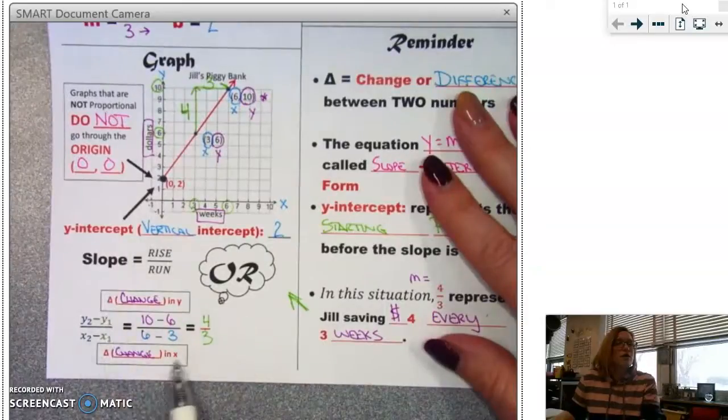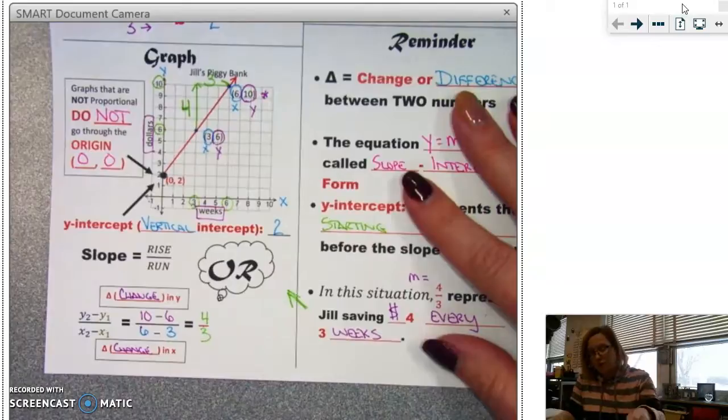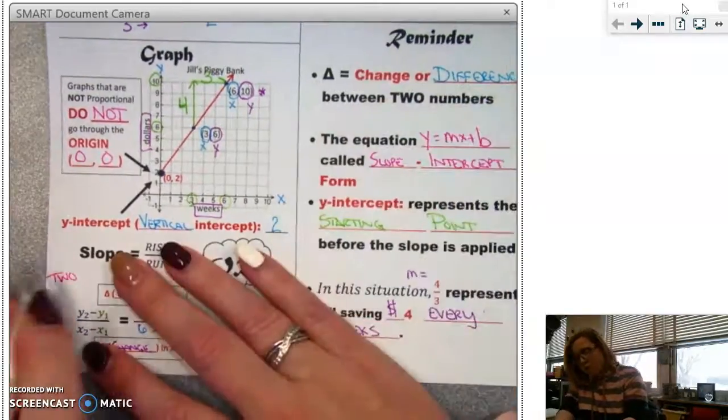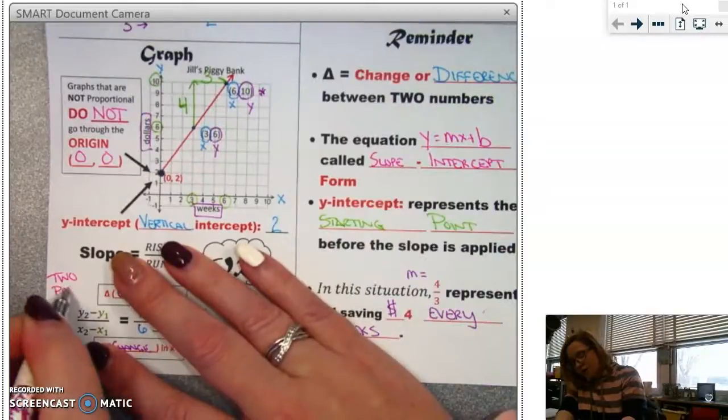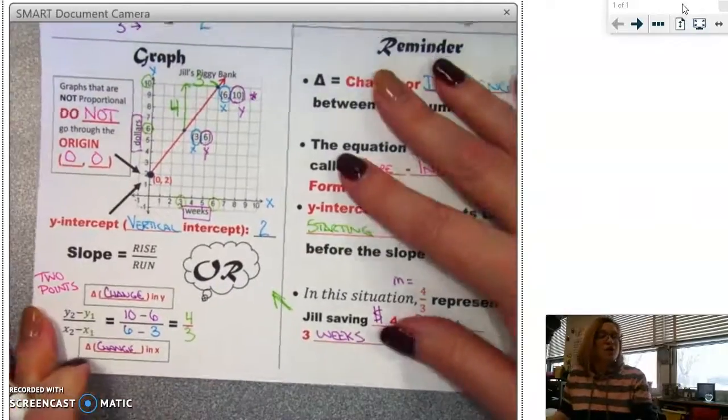Right here, ladies and gentlemen, is the formula for 2 points. So let's just write that on the side here. So if you are doing a problem for your review, this is exactly how you find slope from 2 points. It's the very first part of our song.